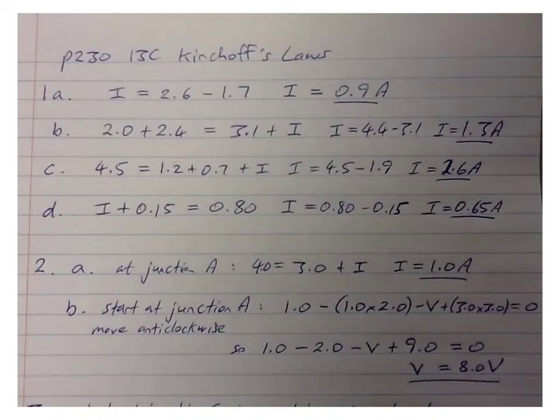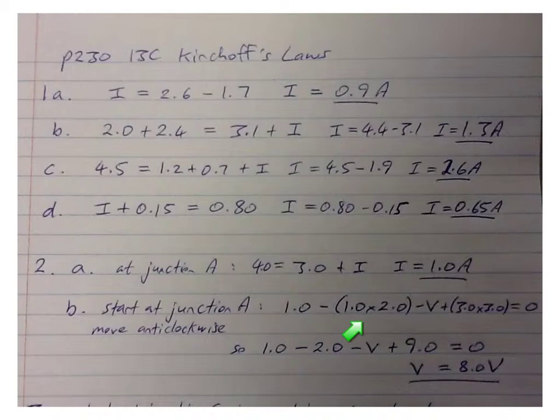Applying Kirchhoff's second law, starting at point A and moving anti-clockwise, we're going to go through the cell, which is worth 1 volt. So we write down a positive 1, because we're going from the negative to the positive terminal of that cell. Then we're going to subtract a drop because we're going across the 2 ohm resistor.